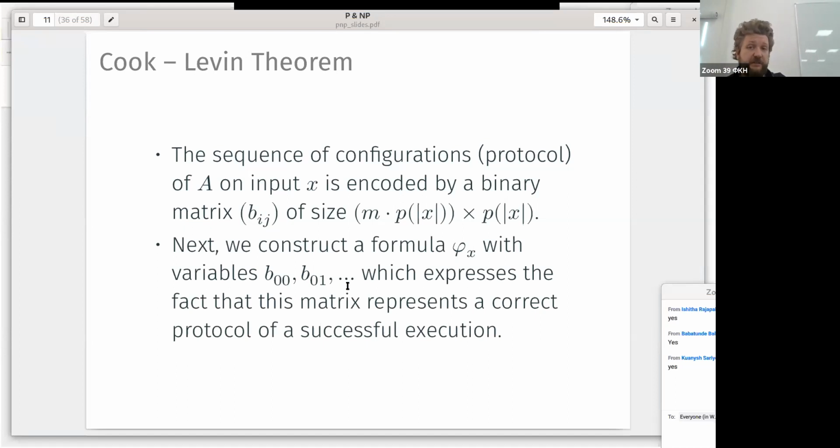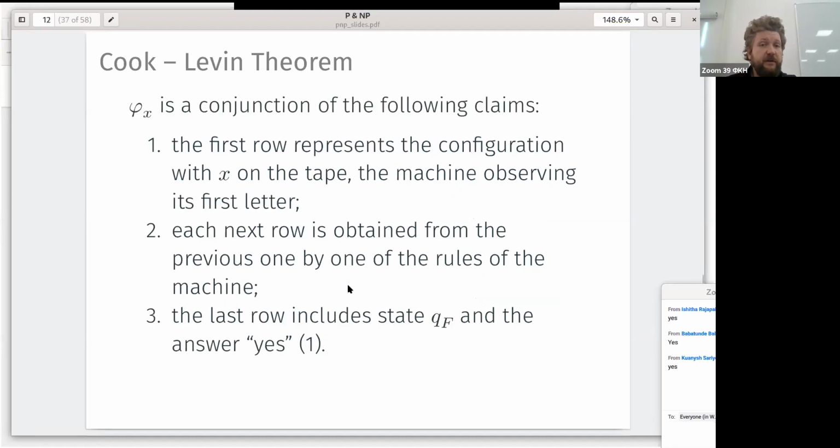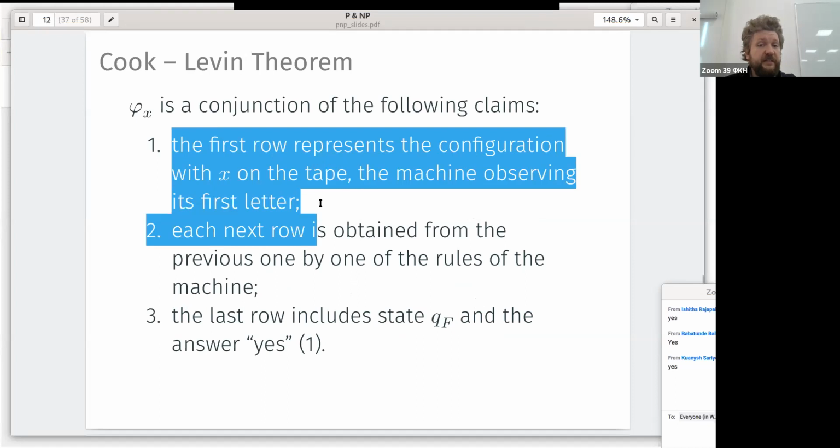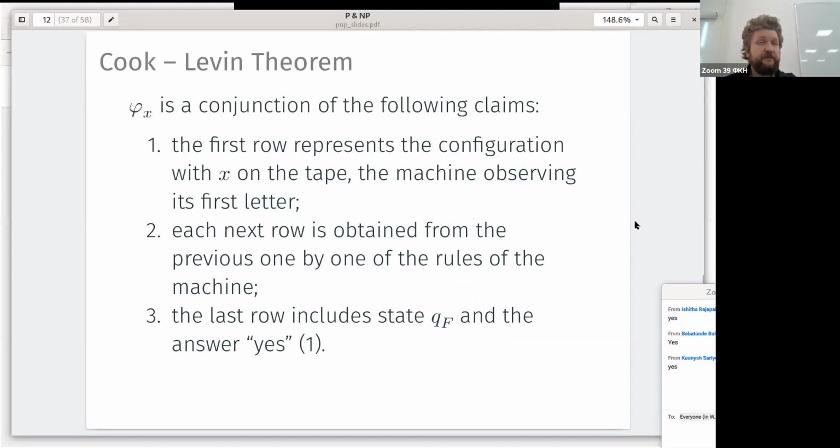So how do we construct this formula? Well, I will give only a sketch. The idea is that we should express our condition of correctness of the protocol as a Boolean formula. So the first row should represent the fact that the first row includes this word X and the machine is in the initial state. It is just a series of equivalences.